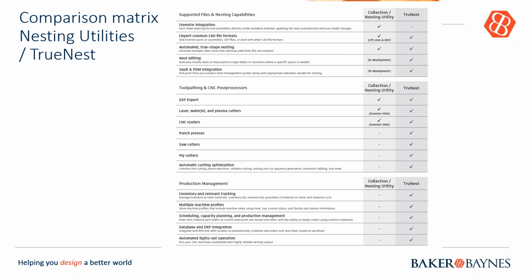So TrueNest will not directly integrate with it, but it will accept different file formats. We can import common CAD file formats inside of nesting as well as TrueNest. And inside of the nesting utility, you can bring in IPT, IAM, and the IAM file needs to have one supported IPT file in it, as well as DXF files.